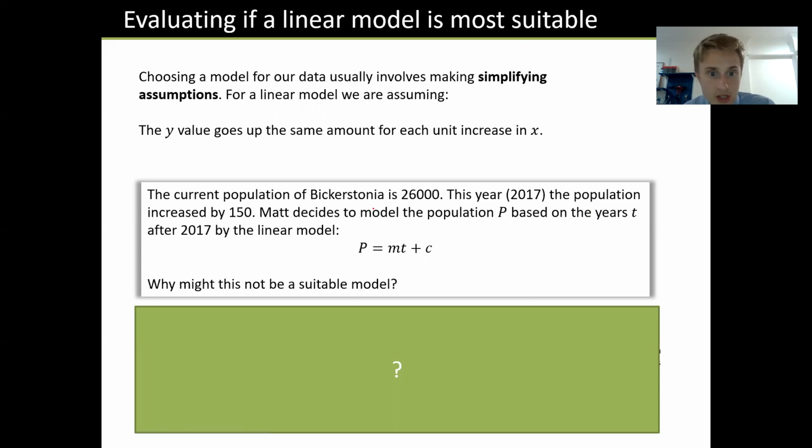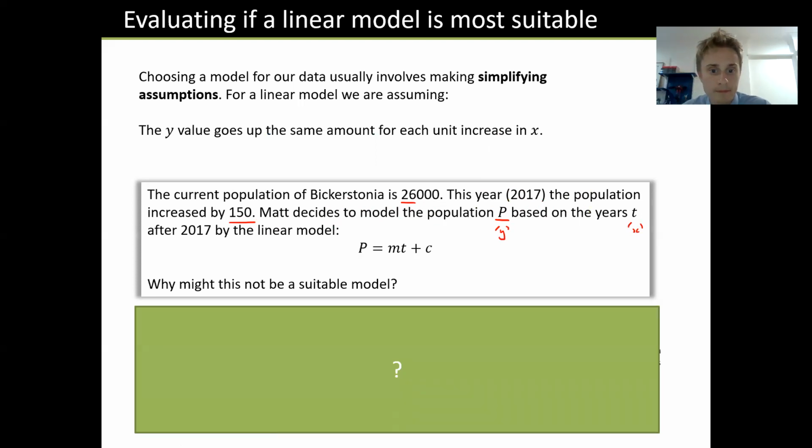The current population of this place is 26,000. The year in 2017, the population increased by 150. We're going to look at population as sort of like the y based on the t, which is the x. So, as you change the years, what happens to the population is the idea.